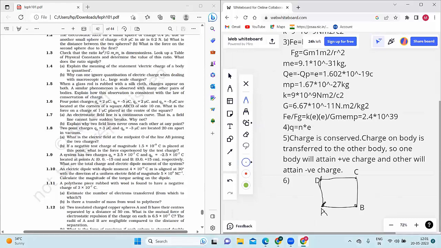And now we assume that a charge of 1 microcoulomb is placed at the center of the square.